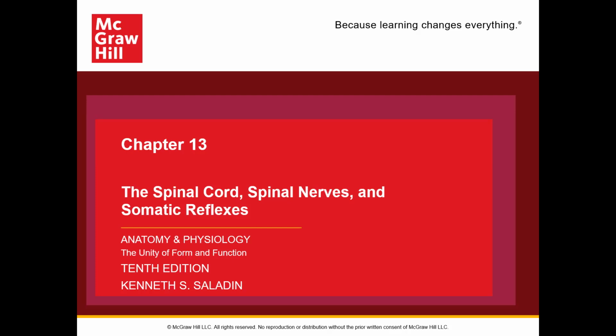Somatic is for tough tissue, like the bone, the skin, the muscle, ligament. Soft tissue is the visceral, heart, lungs, bladder. You gotta know somatic versus visceral.